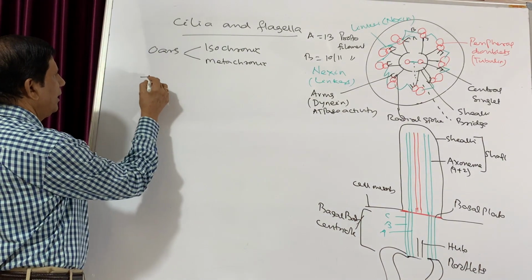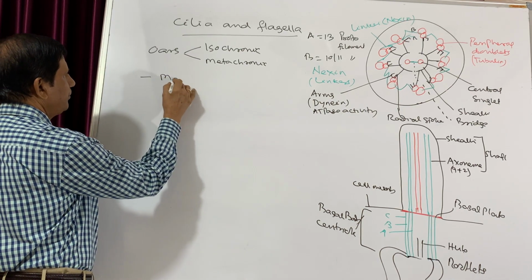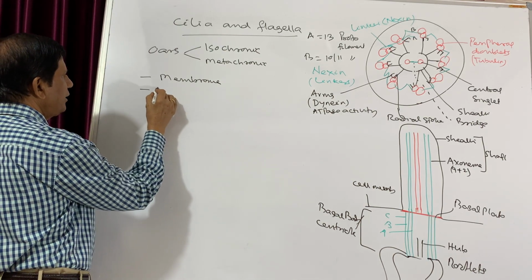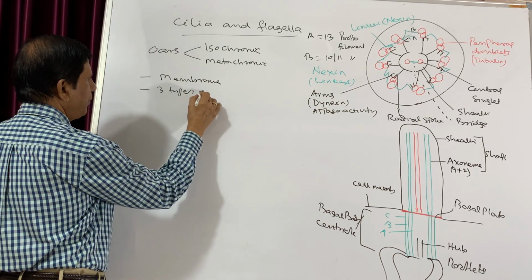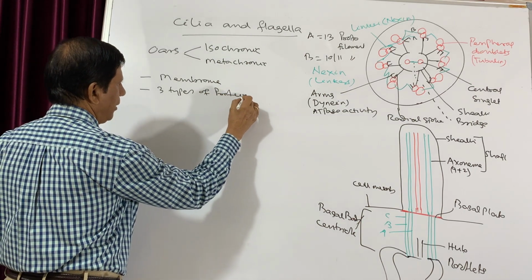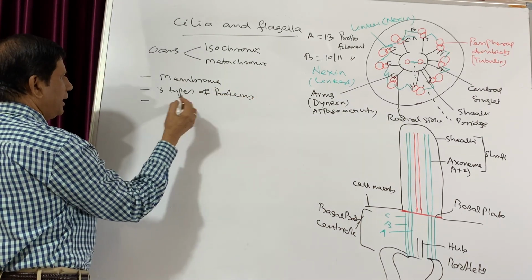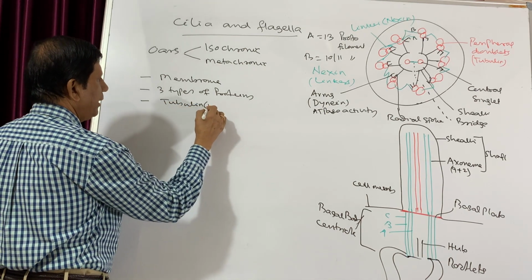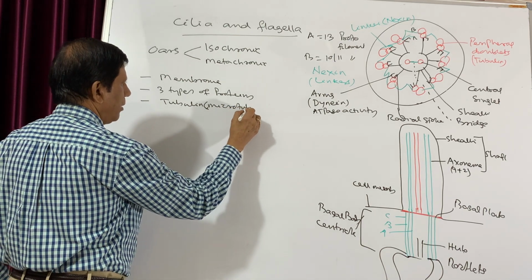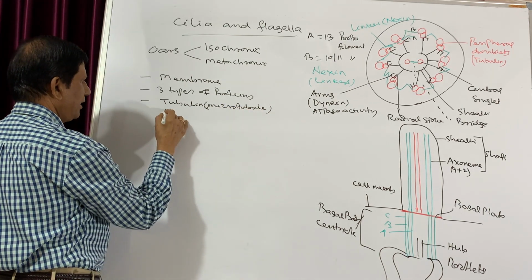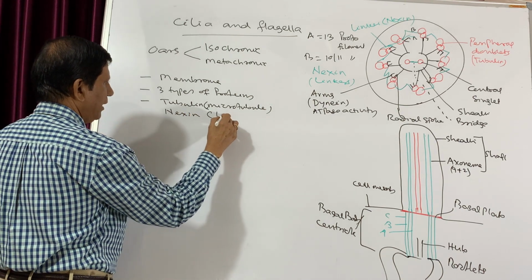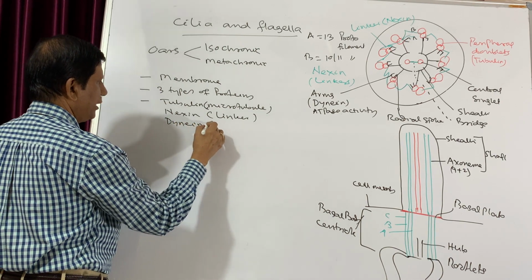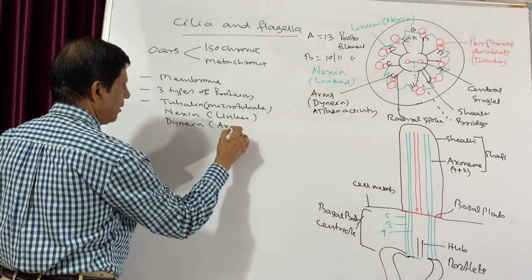It has a membrane, and it is made up of 3 types of proteins. They are tubulin in the microtubule, then Nexin, present in the linker, then Dynein, present in the arms. 3 types are there.